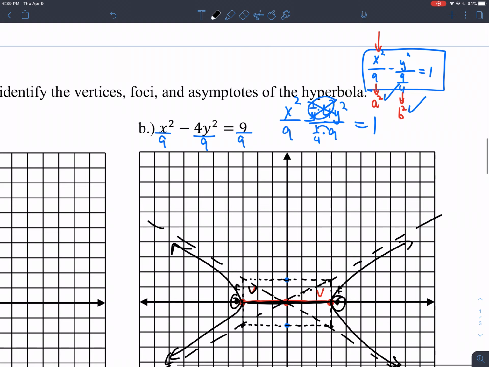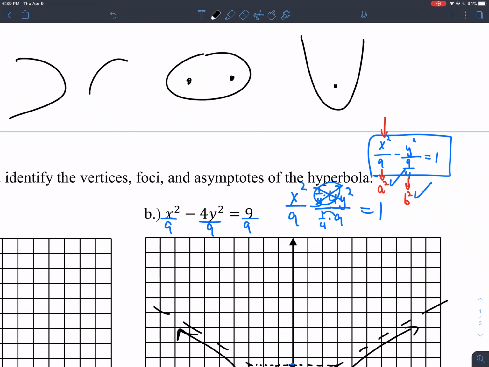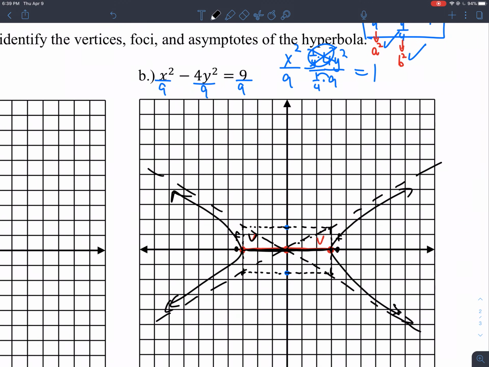The focus is always inside the conic sections. Remember, for an ellipse, the foci are here. For a parabola, the focus is here. For a hyperbola, the foci are inside. All of these conic sections contain or embrace, or whatever you want to call it, the foci. So you shouldn't be drawing branches up here.